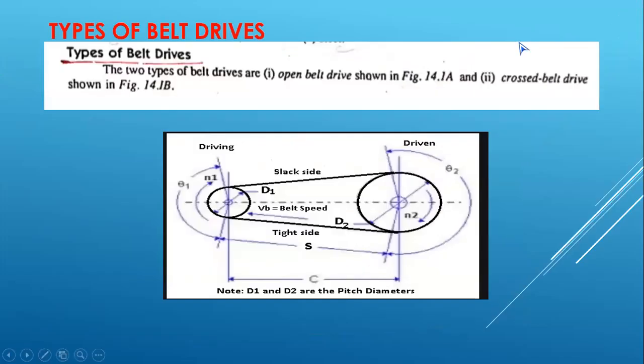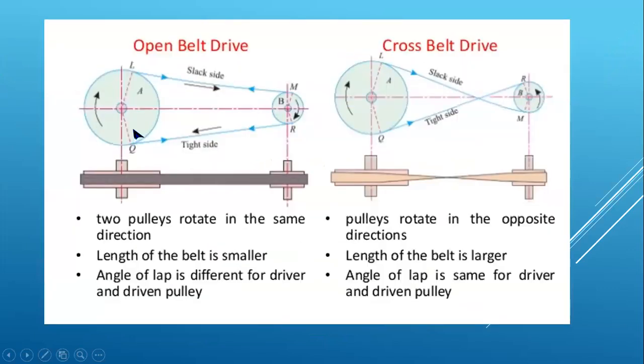Next, come to the point. Belt drives, you have two: one is the open belt drive, the other is the cross belt drive. You can analyze this in the diagram. There will be two sides: one is the slack side, the other is the tight side. Always the tight side will be at the bottom due to gravitational force.